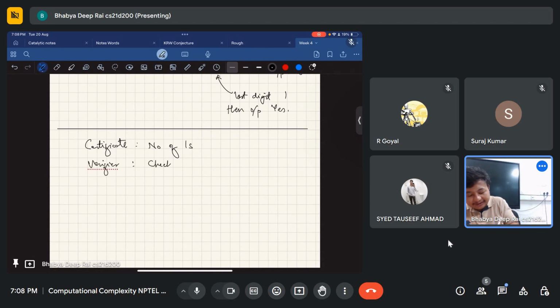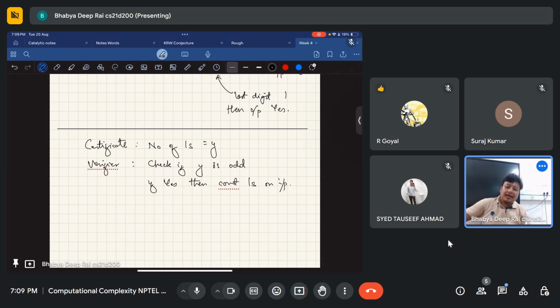First, check if y is odd by looking at the last digit. y is also given in binary. Then if yes, count the ones on the input and compare. So this is a valid certificate, and you just need to read only to do it.